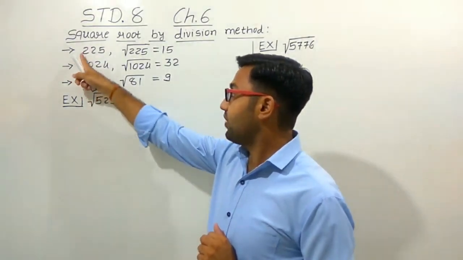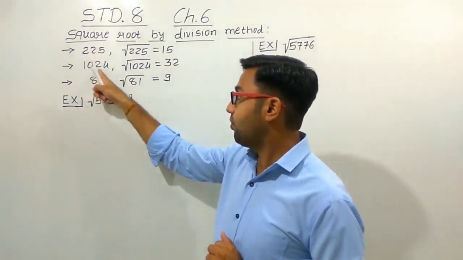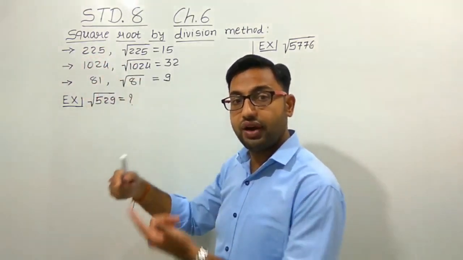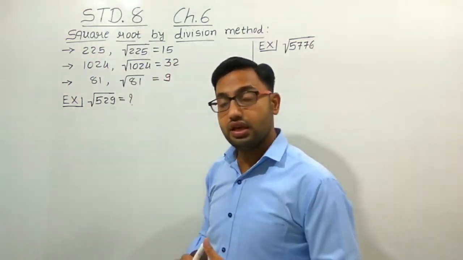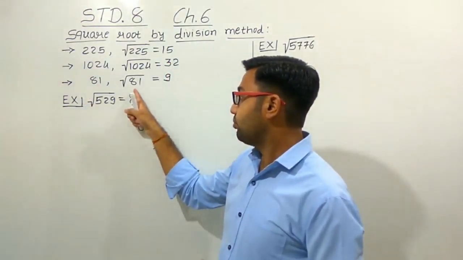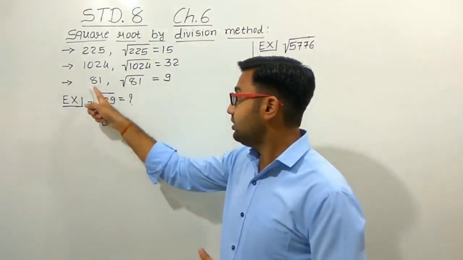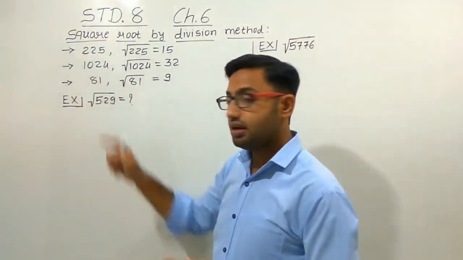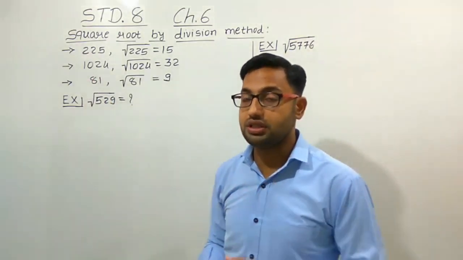So in this perfect square, if there are 3 digits or 4 digits, whenever we find the square root, we get 2 digits. Now see one more example, 81. If we find the square root of 81, we get 9. So here in the perfect square number there are 2 digits, but in the square root we get 1 digit.